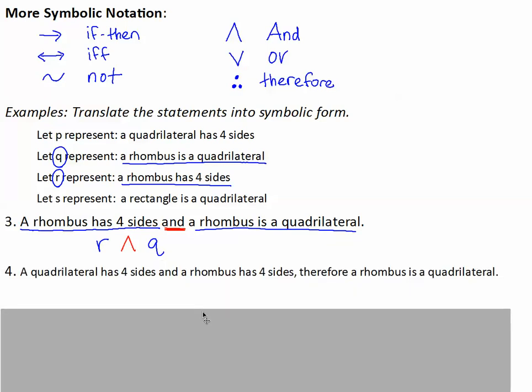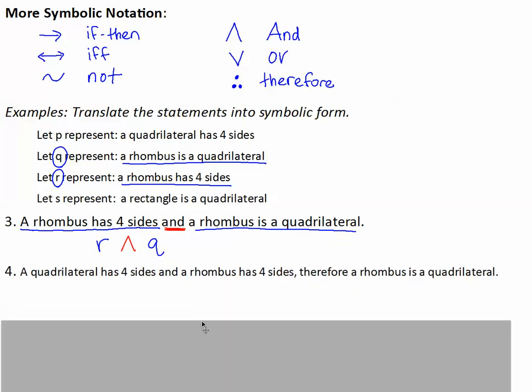Let's look at one that has a little bit more involved in it. A quadrilateral has 4 sides and a rhombus has 4 sides. Therefore, a rhombus is a quadrilateral. So beginning with, a quadrilateral has 4 sides, P. And a rhombus has 4 sides. And is like I'm drawing an A, but I don't slash it.